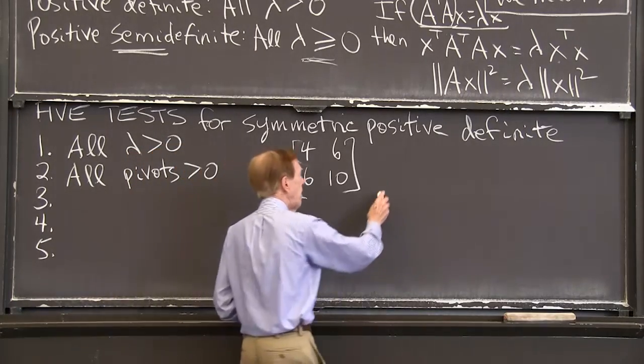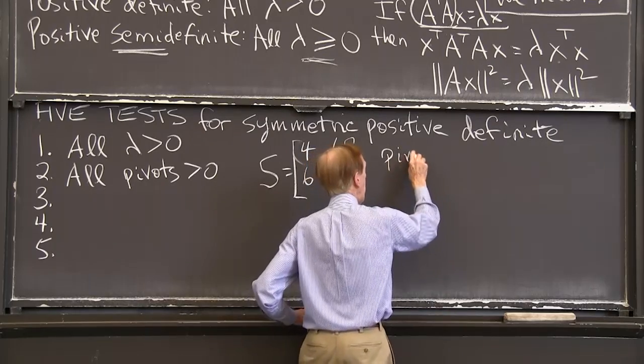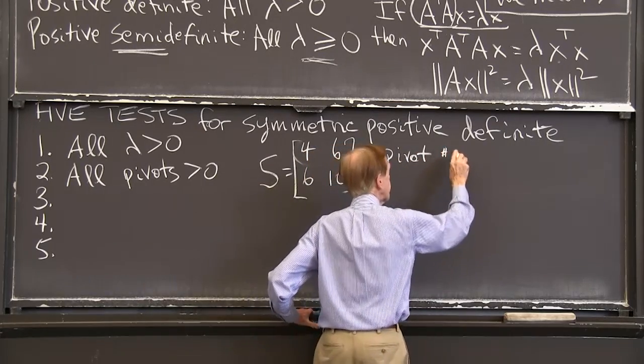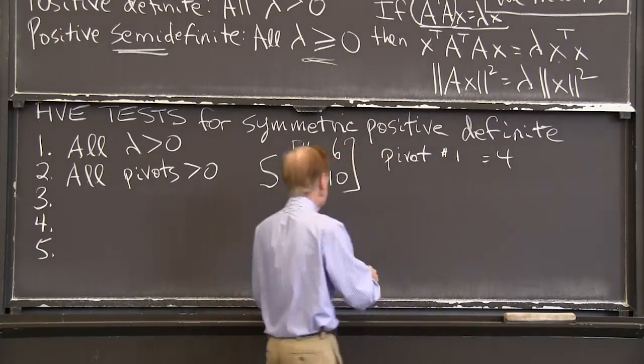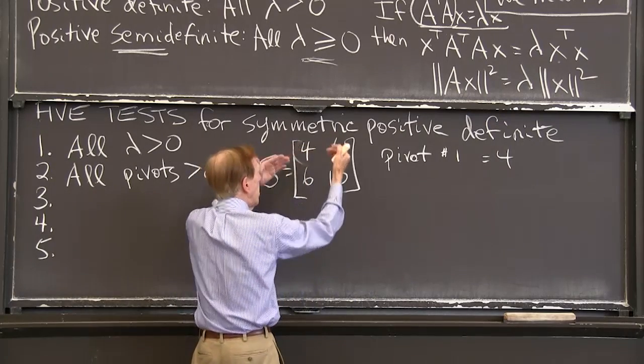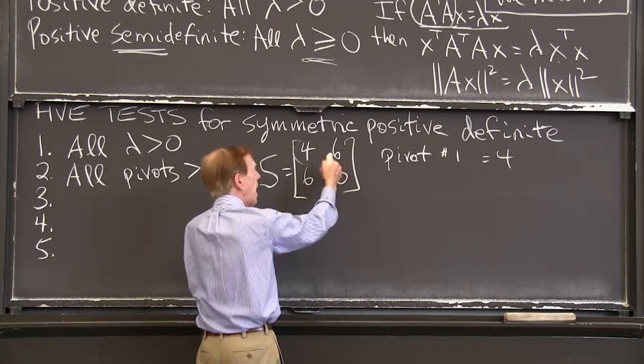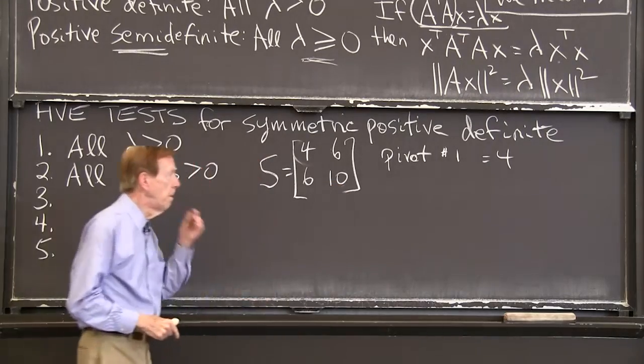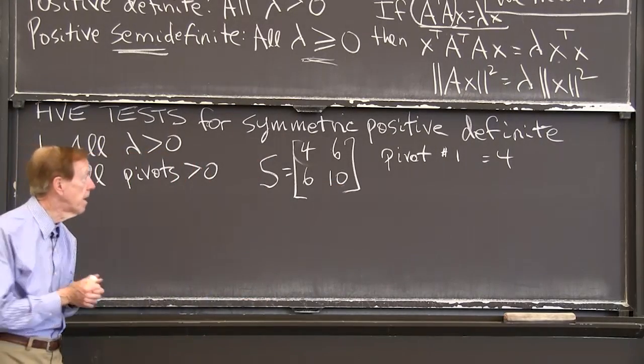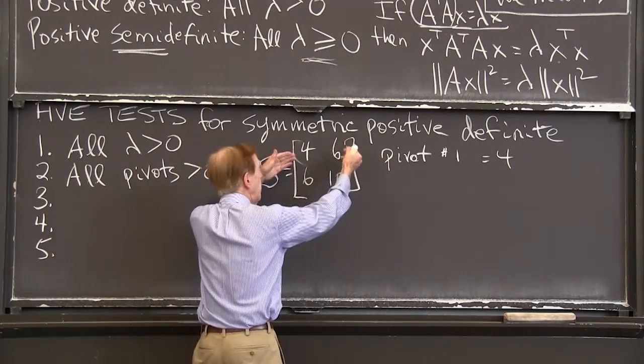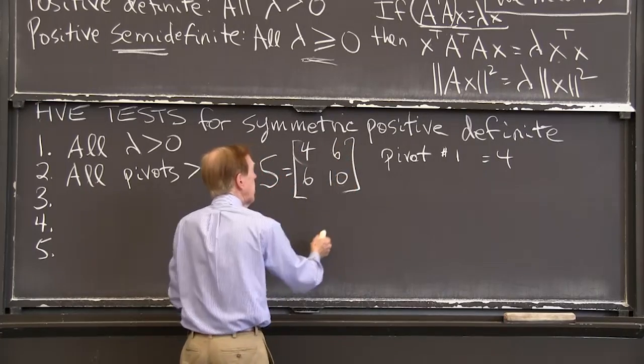The first pivot, pivot number 1, is the 4. And then when I take a multiple of that away from that, I get a second pivot, and I'd see that that was positive. So what's that? Maybe I take 1.5 of this away.